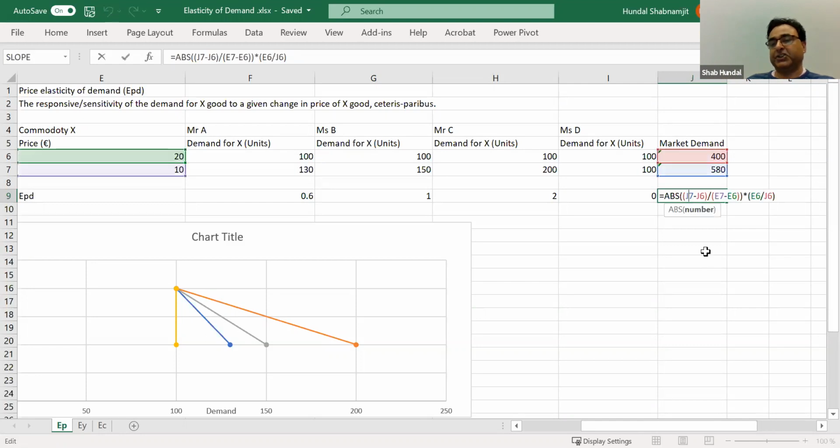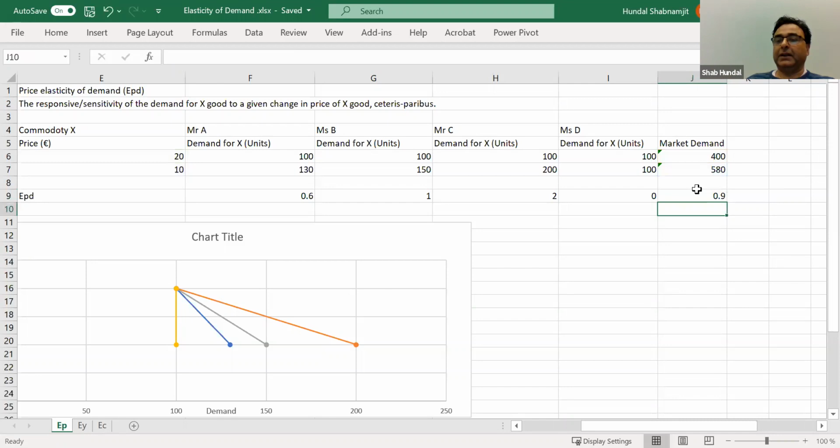So people's reaction is overall less than proportional, but 0.9% is quite okay, right? So 0.9 means overall there's a 90% reaction to the change in the price. So whenever there's a change in the price, the demand reaction is 90%. And if I have to draw this line also, if you want me to, I can draw it.